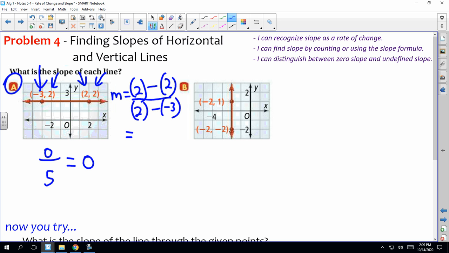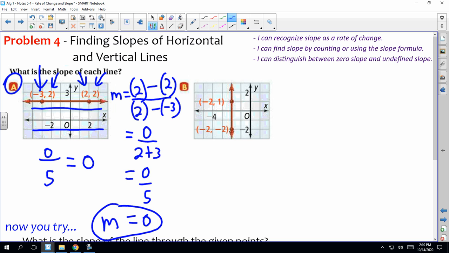So you'll see I get 0 on the top, 2 plus 3 on the bottom, which is 0 over 5, or 0. And so horizontal lines, you can memorize this because it doesn't matter if the horizontal line is there, or here, or down here. It always has a slope of 0. Just think of the floor. Okay, the floor is level, slope is 0.